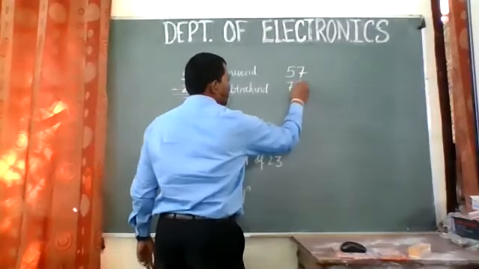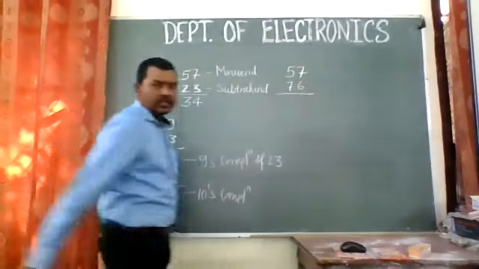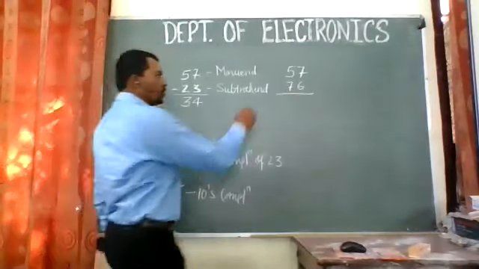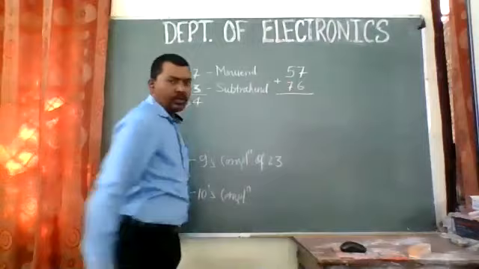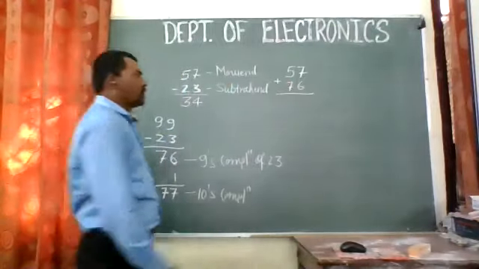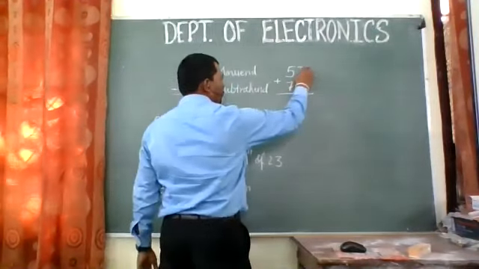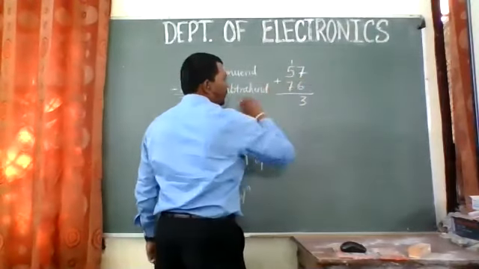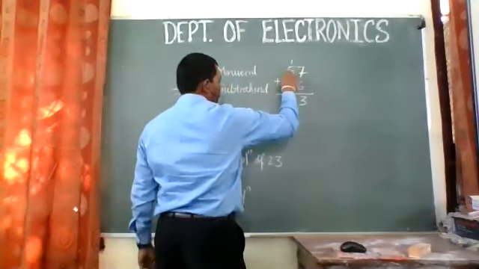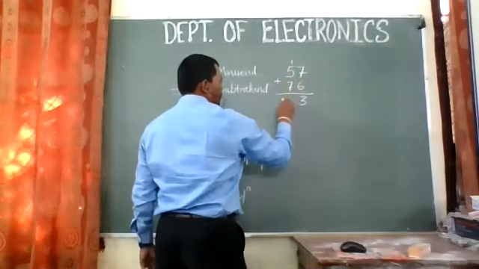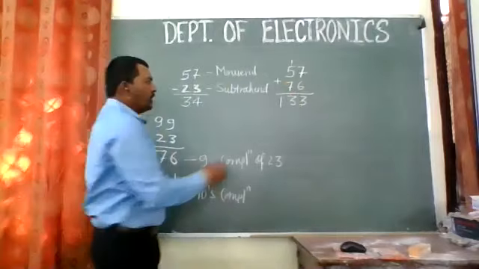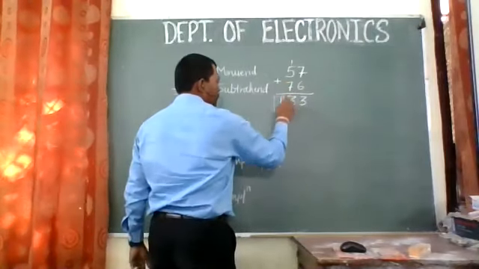If we add these two numbers, 7 plus 6 is 13, so 3, carry 1. 1 plus 5 is 6, 6 plus 7 is 13, that is 133, and we get a carry over here.